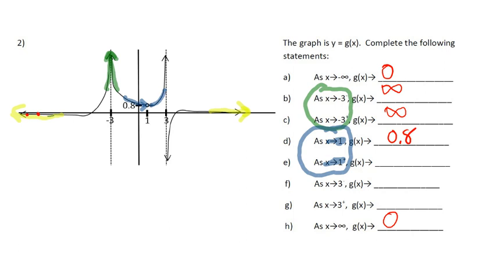Up. Good. I'm going higher and higher on the left side. So y is approaching positive infinity on the left side of positive 3. And what's it doing on the right side? Going down. Right. It's shooting down on the right side, so y is approaching negative infinity.